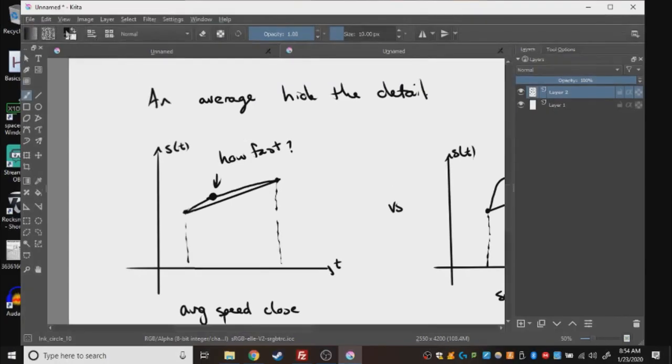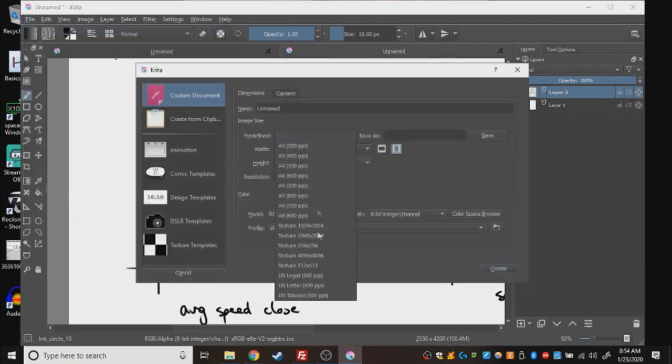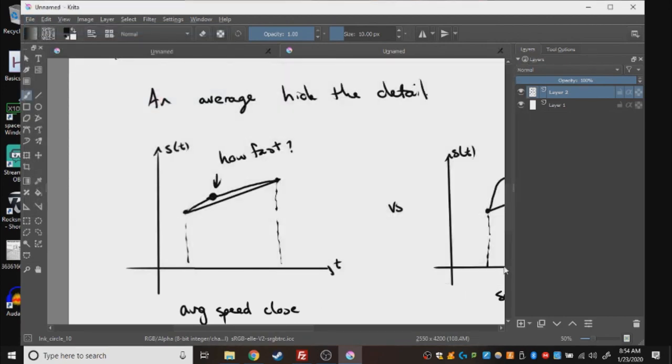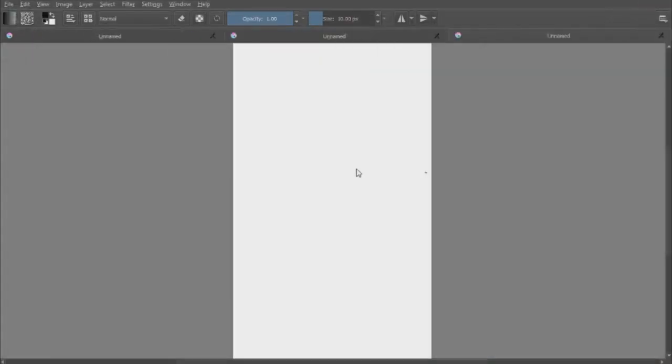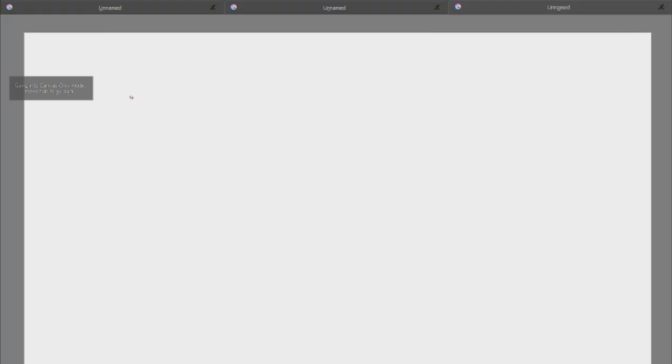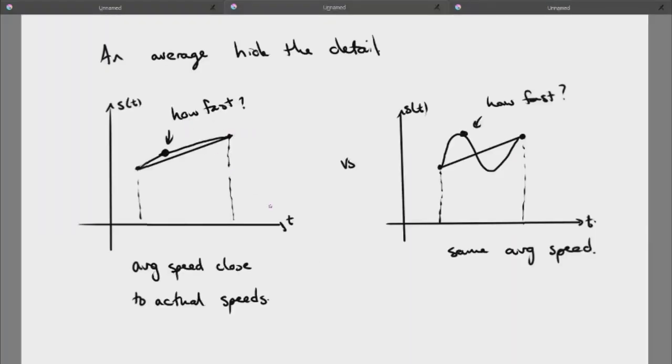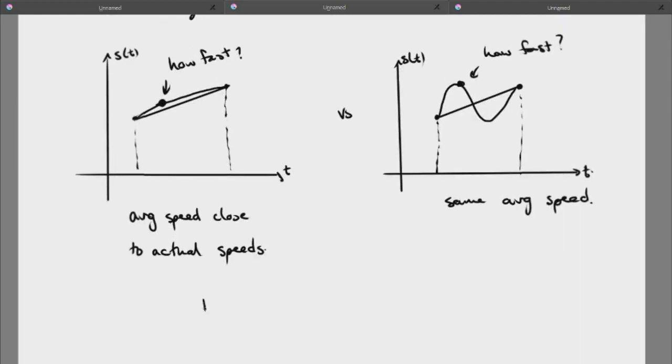Well, I'll make a new page first, so that I have space to draw a new graph, and let's keep the graph nice and simple, with not anything too wild up and down. So let me just go back for a second here. I may want the speed at a specific time, specific point in time.